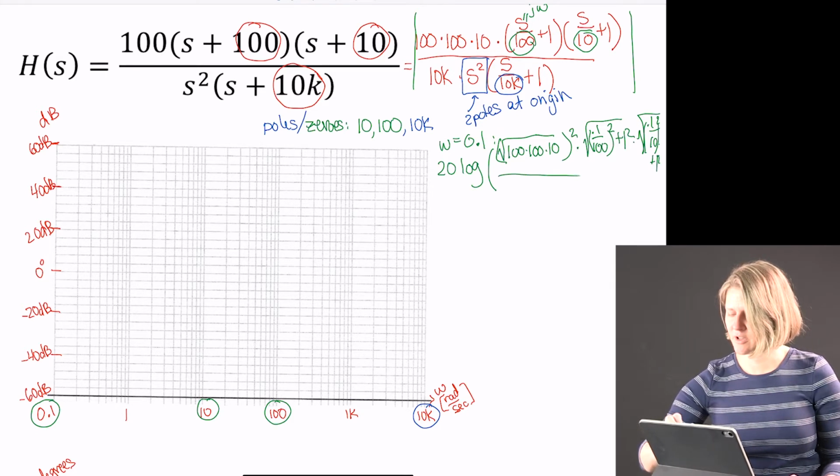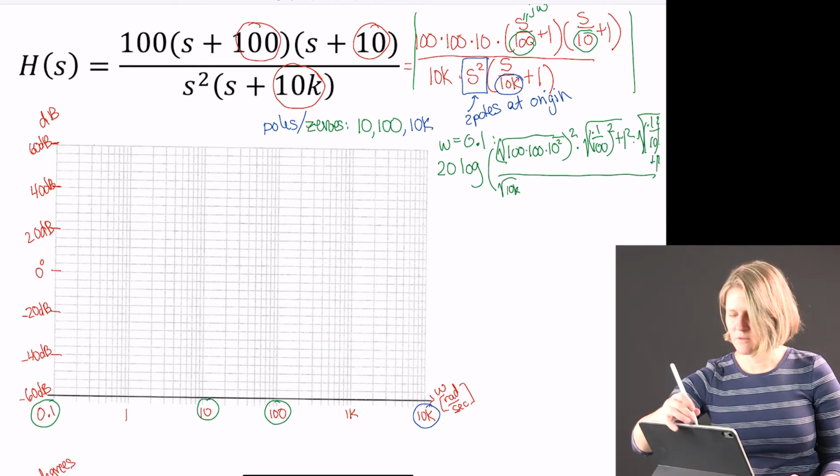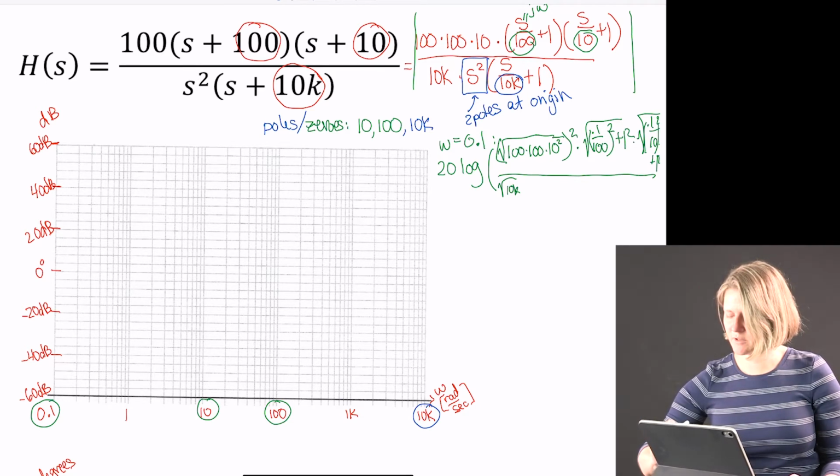all over the square root of 10K squared. Sorry, this wasn't squared up here. It should be just the numbers, all these numbers squared, and then take the square root of them. So that's 10K squared and the square root of it. And then you're also going to take the square root of 0.1 squared.